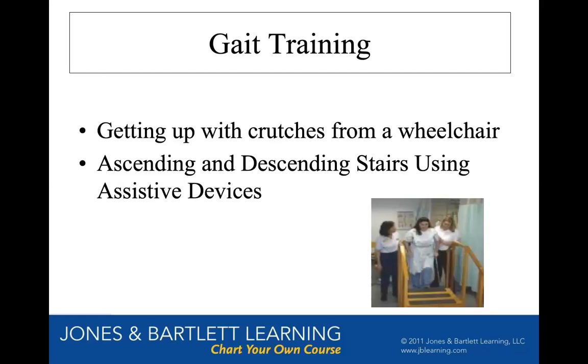Now, there are some old books out there, and I won't tell you when I graduated PT school, but one of my texts had an old black and white picture showing how to train a person to fold up a rolling walker and use it as an assisting device to go up a set of stairs.